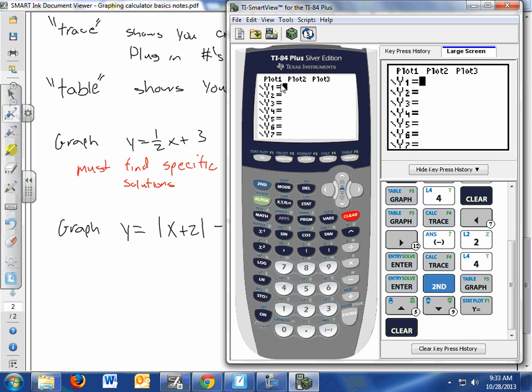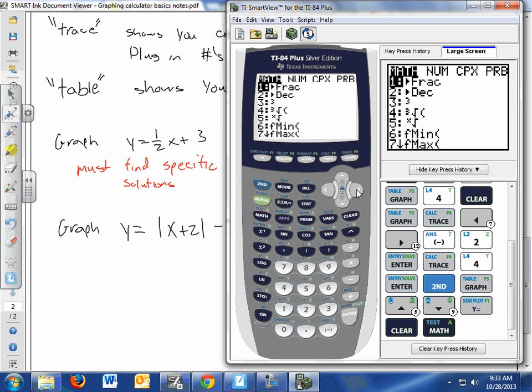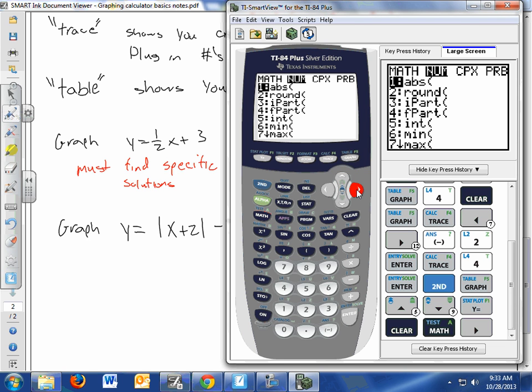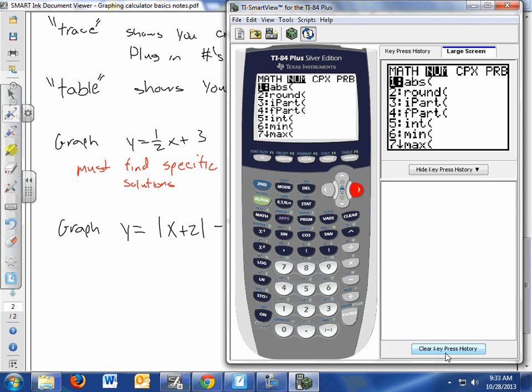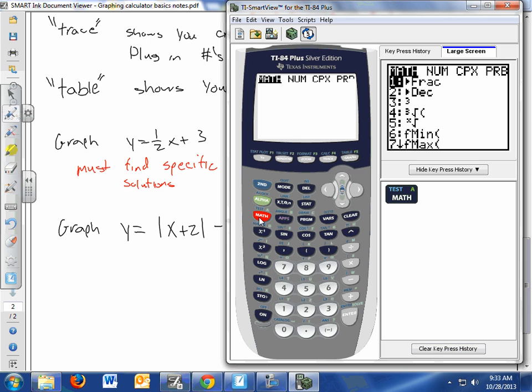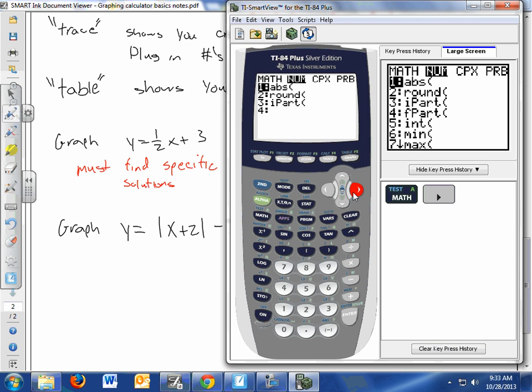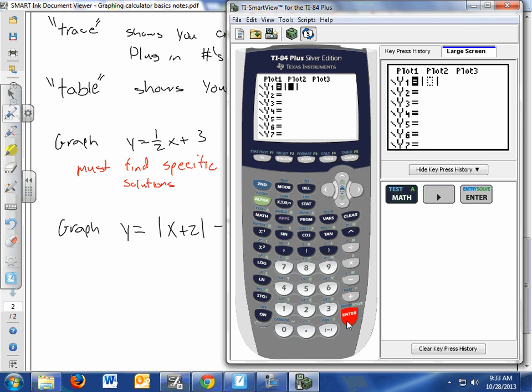No? Anybody? Math. Over to number. ABS. That's math. Go to the right to number. Press enter. And you either get ABS or you get the absolute value symbol.